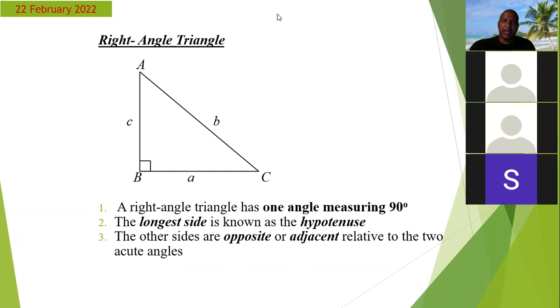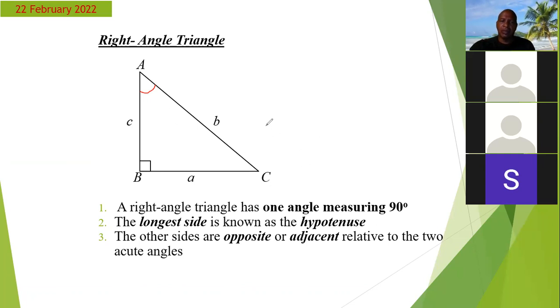So if we have the angle A, this is the opening of A. The side which is in front of the opening is opposite to that angle. So in other words, this side, BC, is in front of the opening of angle A. So this side is labeled with the common letter A, and it is referred to as the opposite side to angle A.